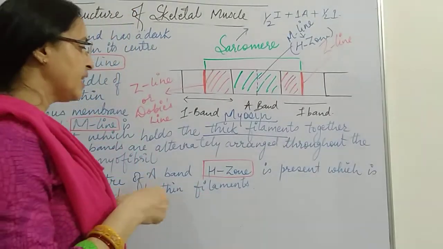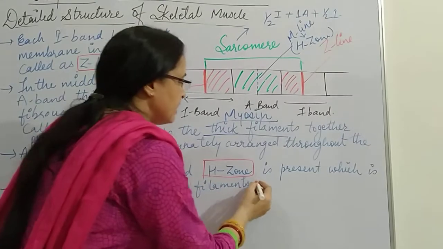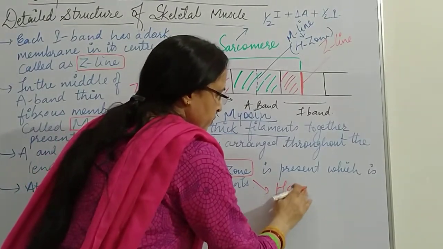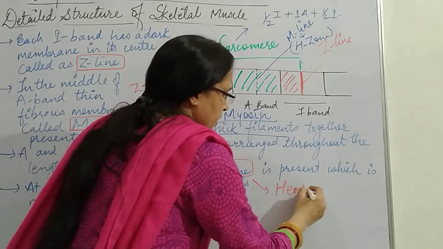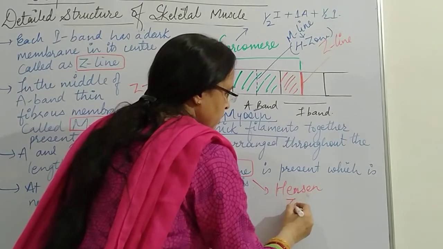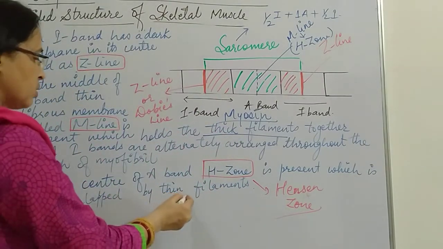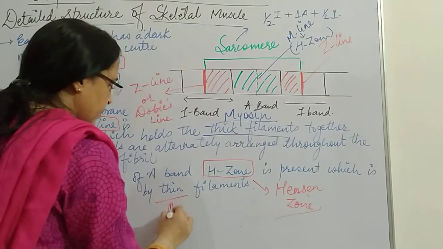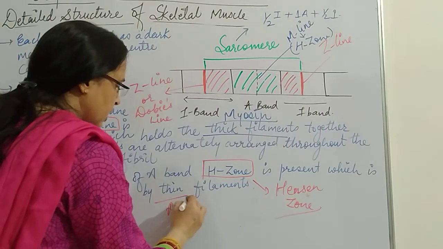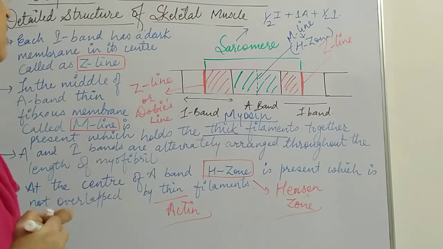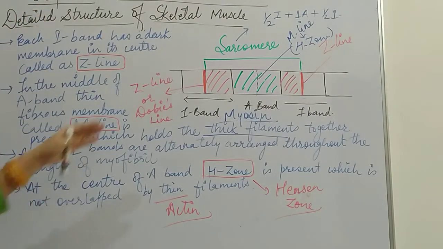That means this H zone means Hansen zone, H-E-N-S-E-N. And over here, overlapping is not done by thin filaments. That means actin filaments do not overlap this portion.